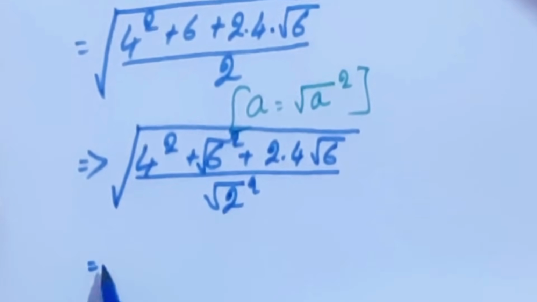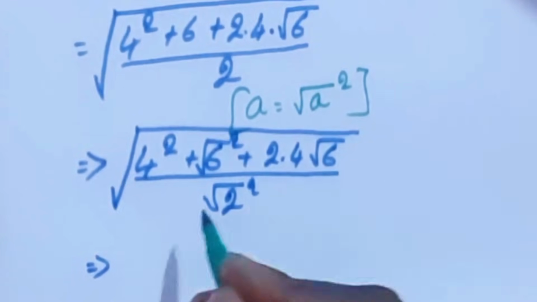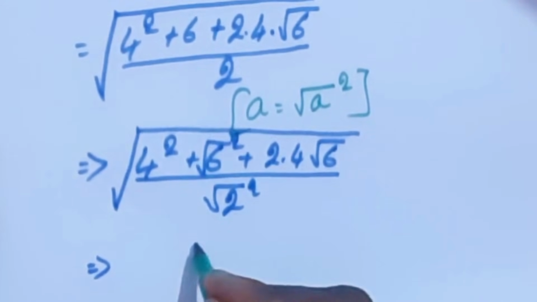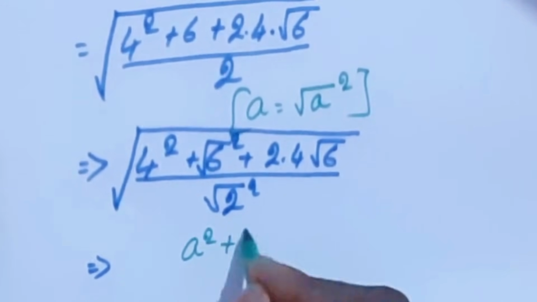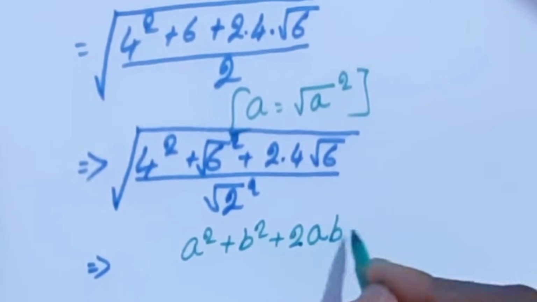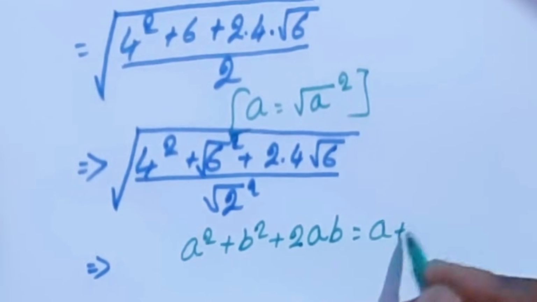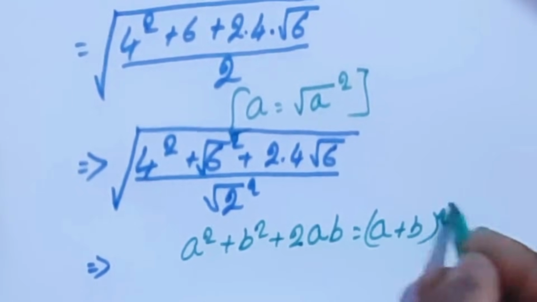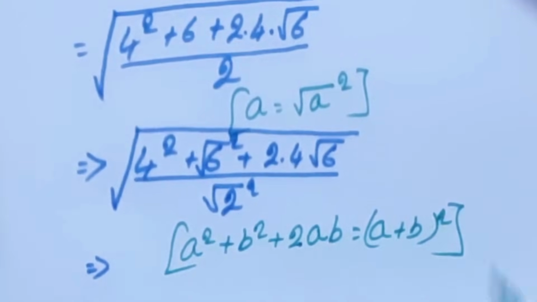Now here, looking at this, we are going to apply the formula A square plus B square plus 2 times AB equals A plus B whole square. This formula we are going to apply here.